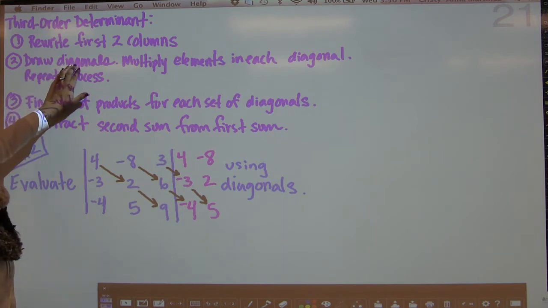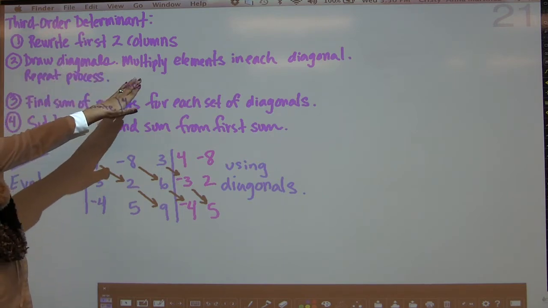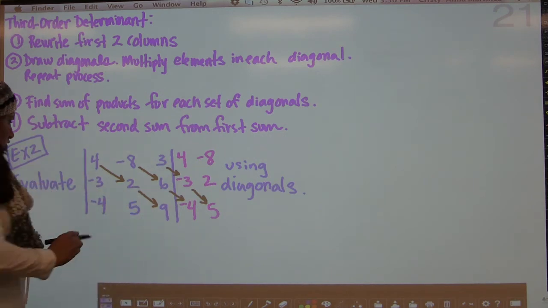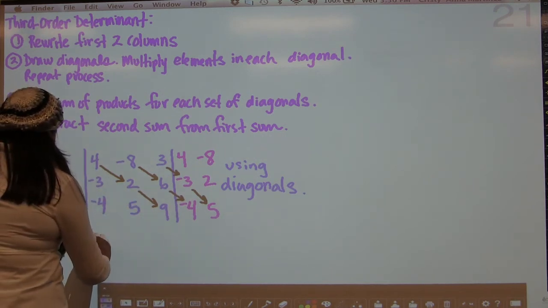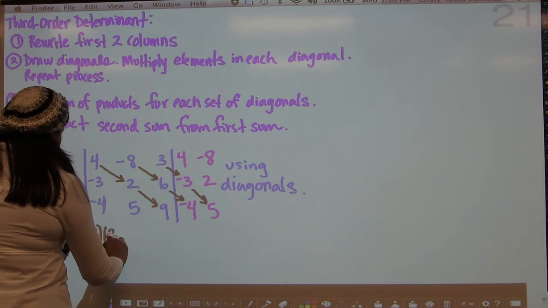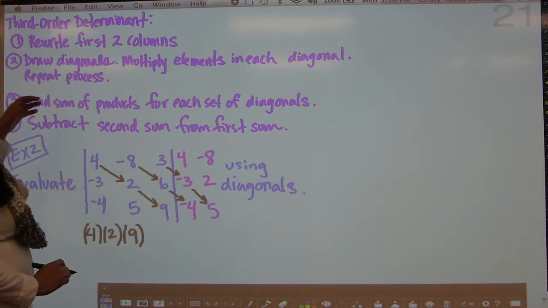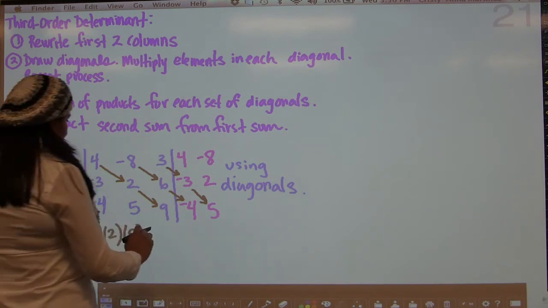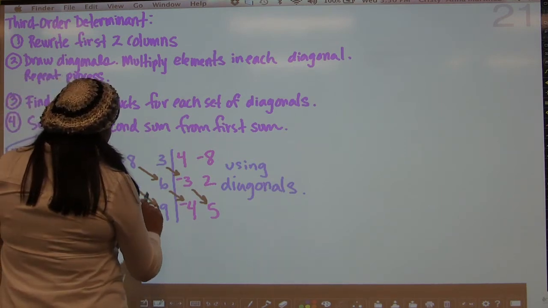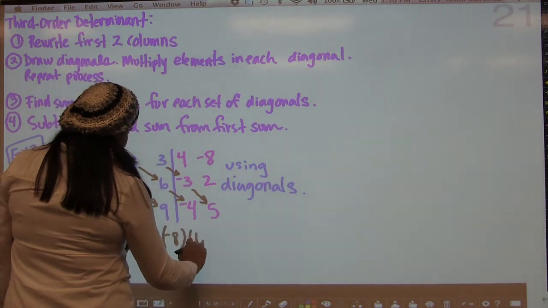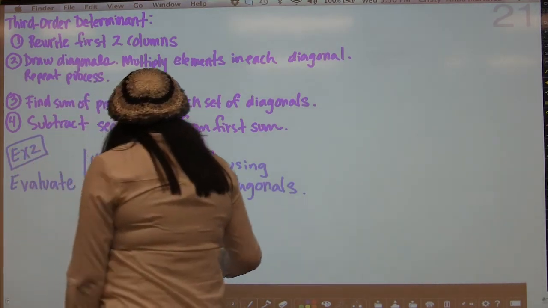So draw diagonals. And then you want to multiply the elements in each diagonal. I want to multiply 4 times 2 times 9. So I'm going to put down over here 4 times 2 times 9. And then it says to repeat the process. I'm also going to take -8 times 6 times -4.